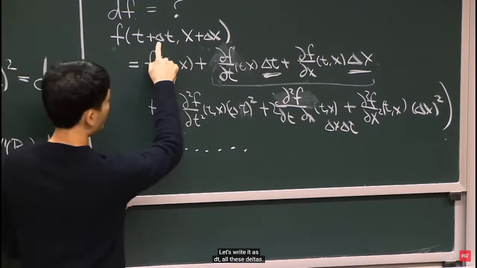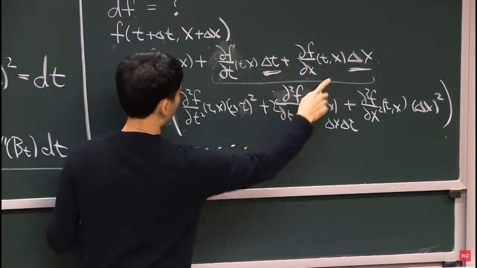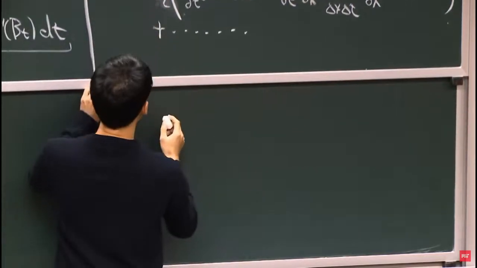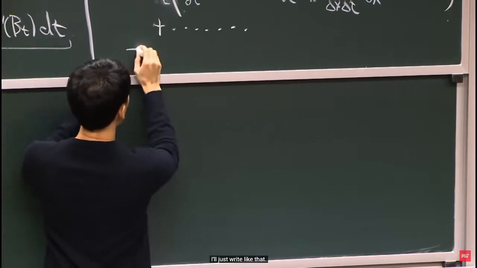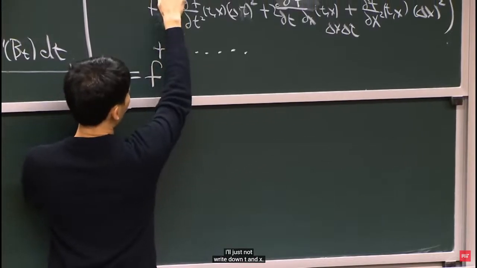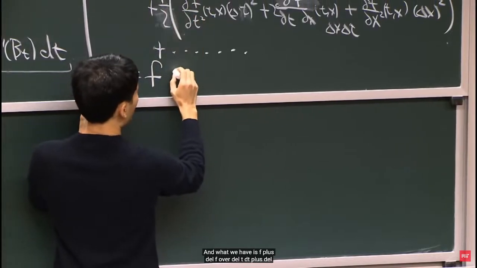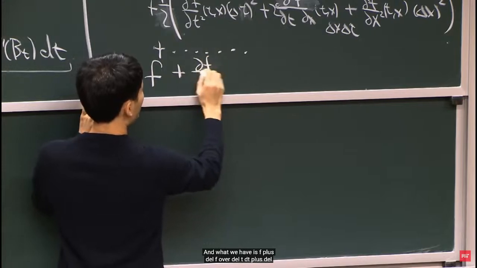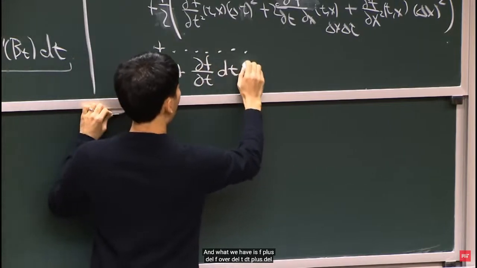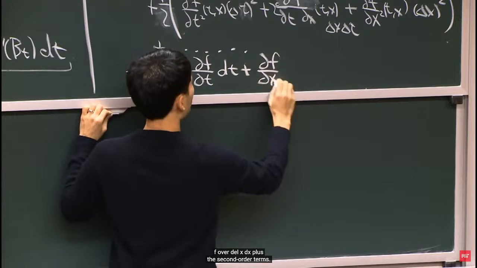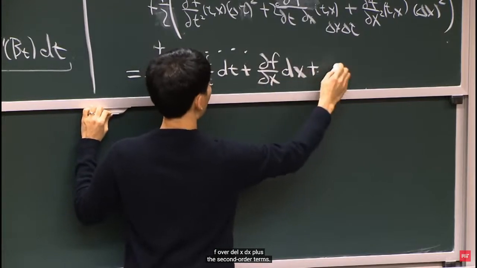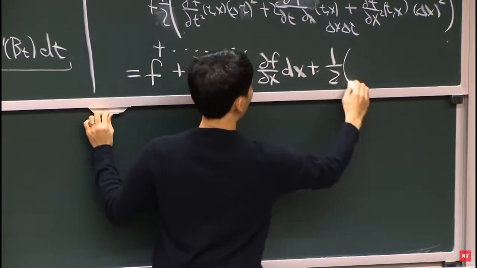Okay, so let's write it with dt, all these deltas. Just write it like that. I'll just not write down (t, x), and what we have is f plus del f over del t dt plus del f over del x dx plus the second order terms.